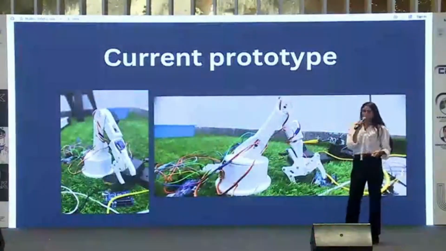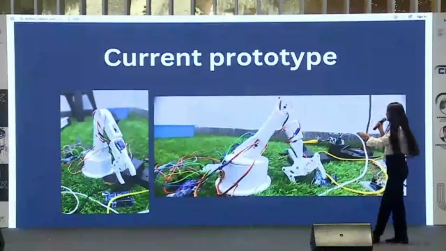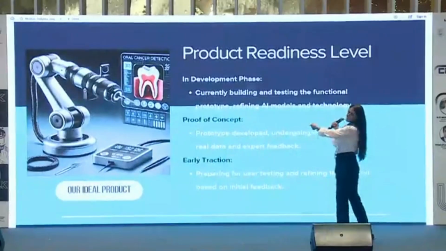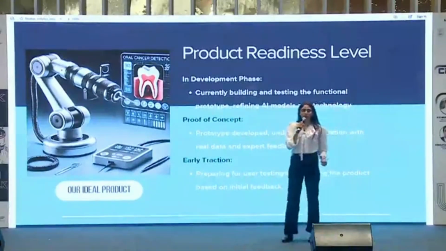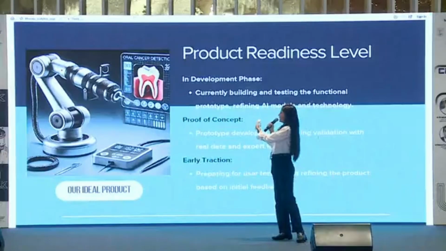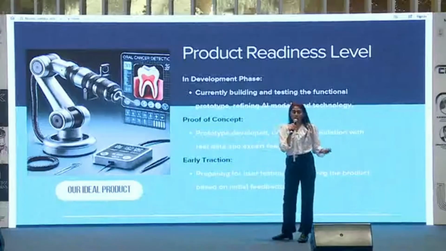So our current prototyping stage is this one. We have made an arm which will somewhat look like this in the future. So we are going to extend the cord and also have a camera module which will take pictures and analyze. So you may ask, how will we analyze?